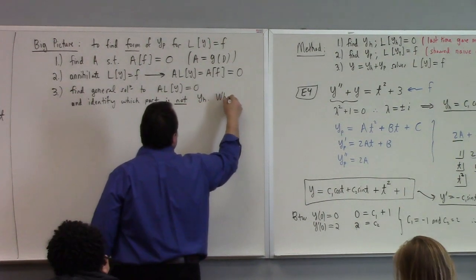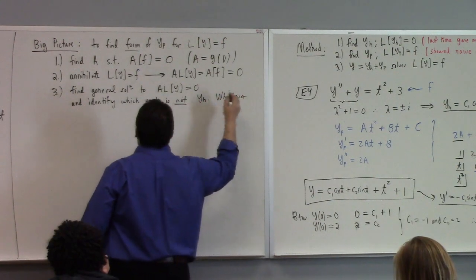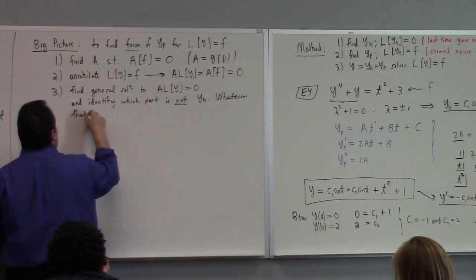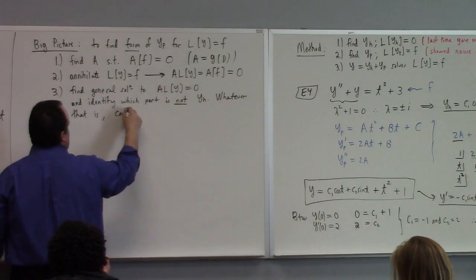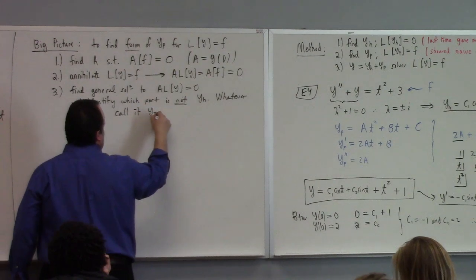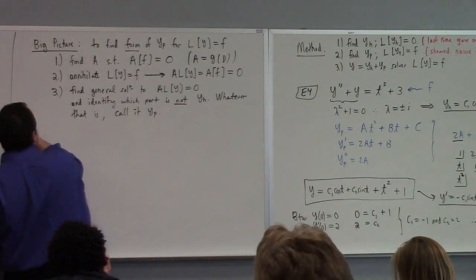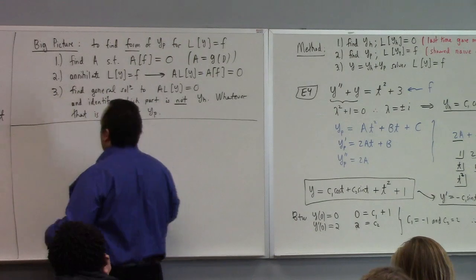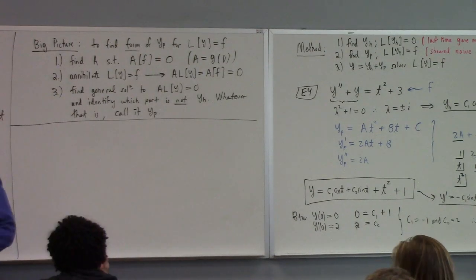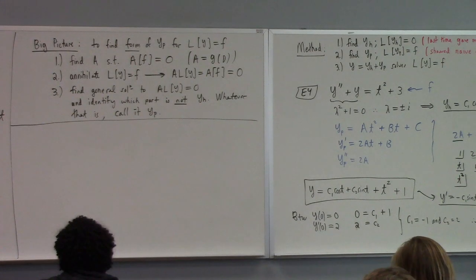Whatever that is, call it yp. And that's how to set up yp. Now, past that point, like step 4, to actually solve the problem, you have to plug yp in, work it out, and determine the coefficients.